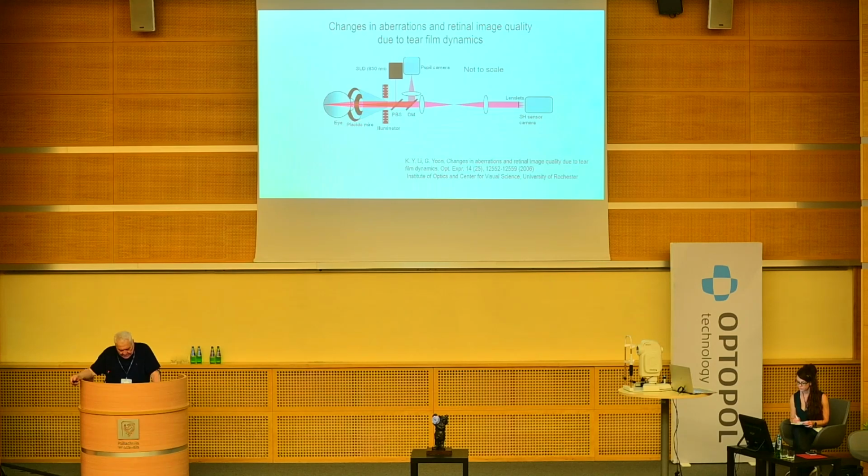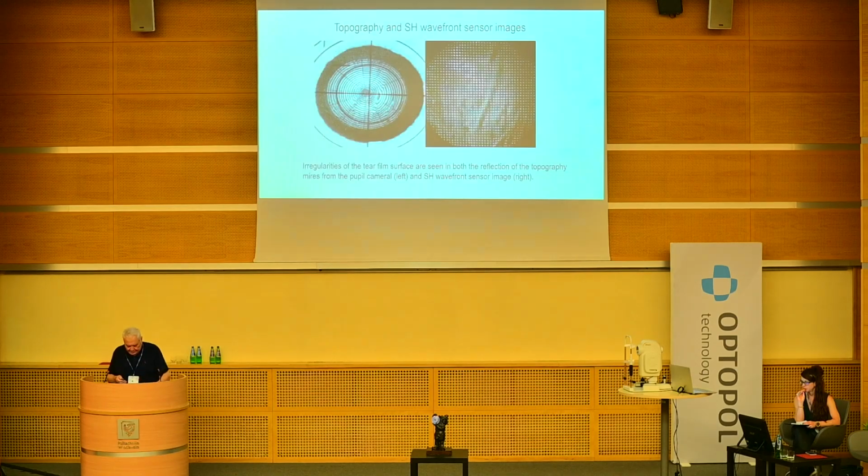And these authors decided to compare what's happening on the cornea and what's happening on the retina. They made the instrument simultaneously looking at the shape of the tear film directly on the cornea and on the retina.